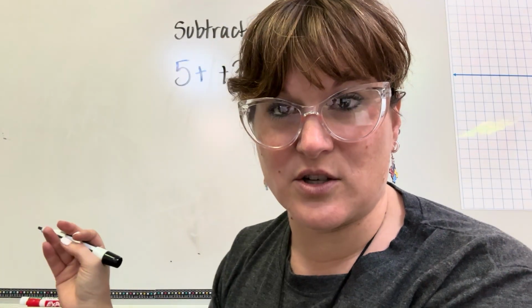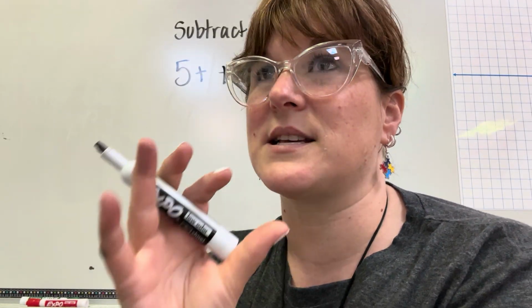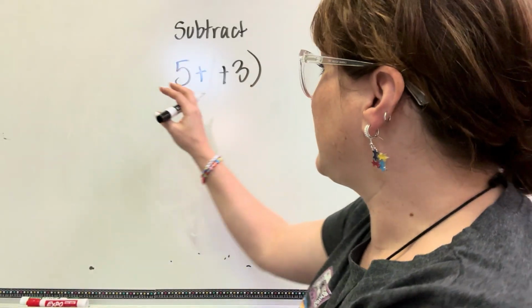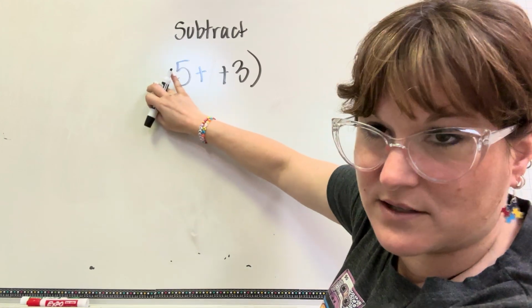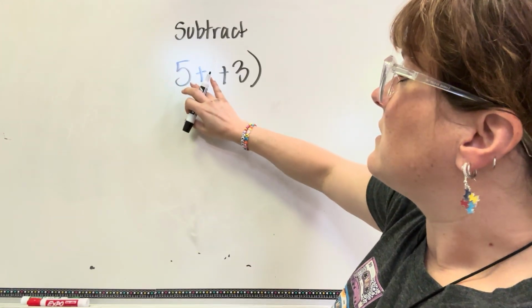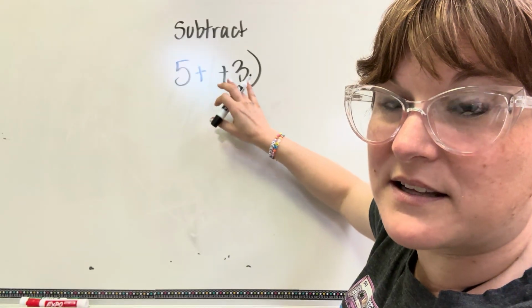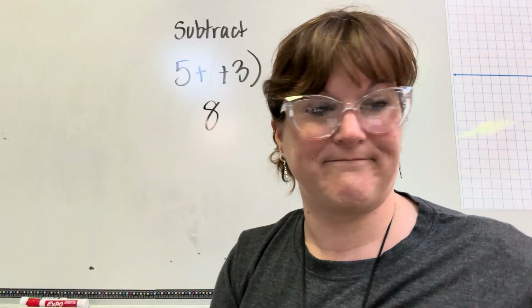Keep, change. I do believe Miss Shack has an awesome phrase she uses, but I forget it. So keep, change. 5 keeps its positive. The subtraction changes to positive, and the negative on this guy changes. So that is really saying 8.